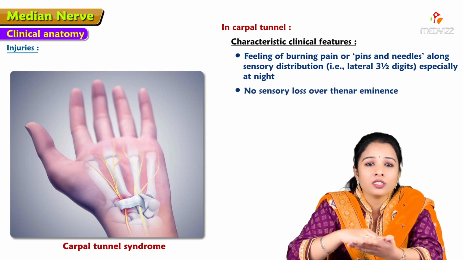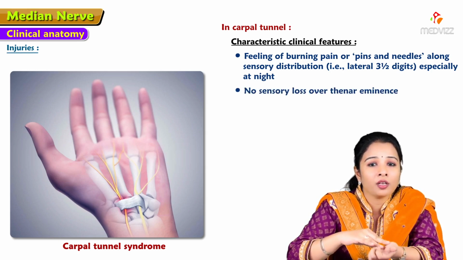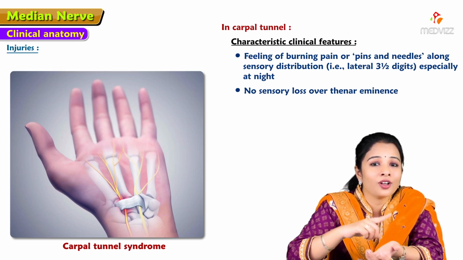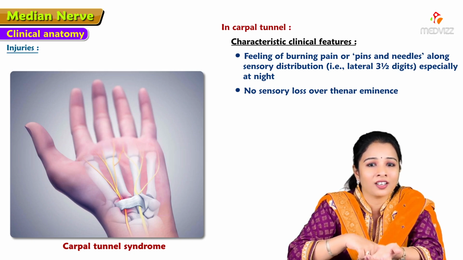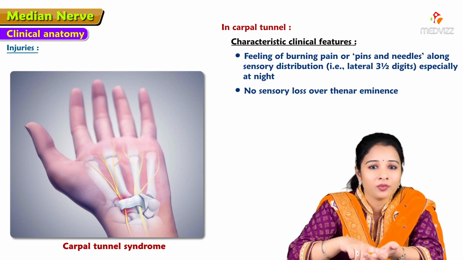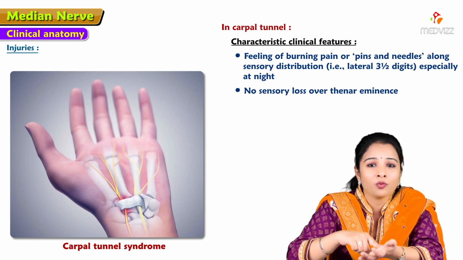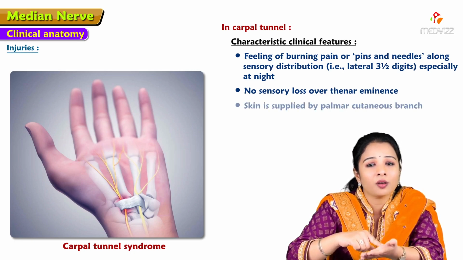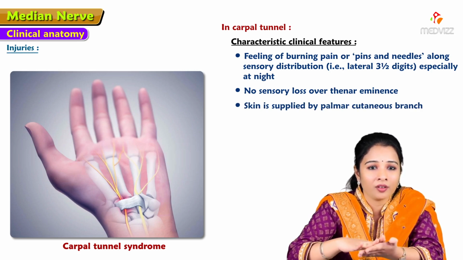And there is no sensory loss over the thenar eminence, because the cutaneous nerve is already given off before the flexor retinaculum. Here only the median nerve is compressed, not the cutaneous nerve. So there won't be any sensory loss over the thenar eminence, and it is supplied by the palmar cutaneous branch of the median nerve. So all these will be unaffected.